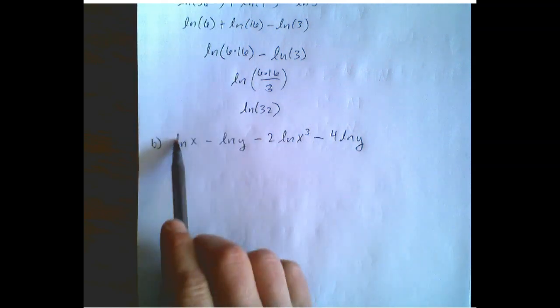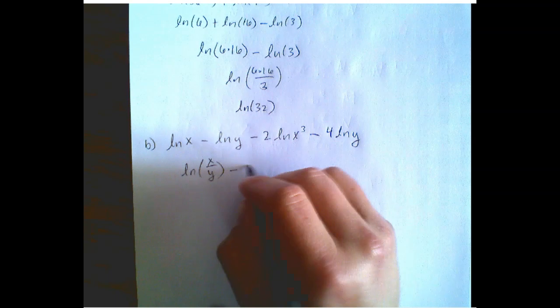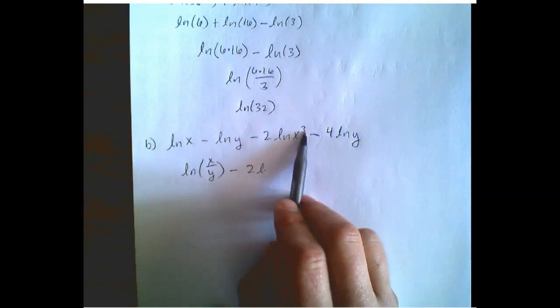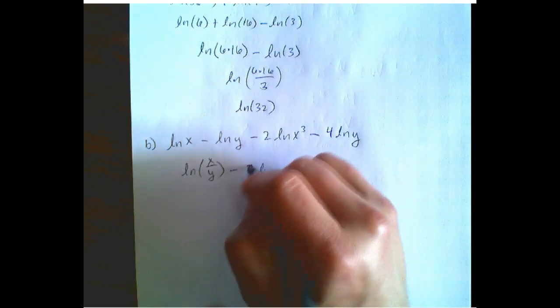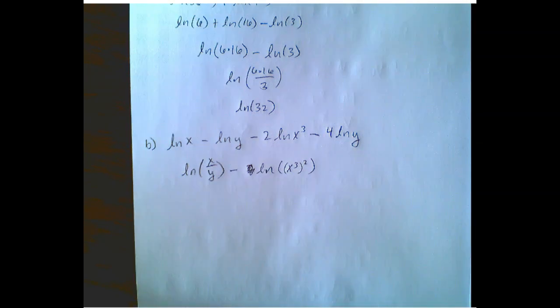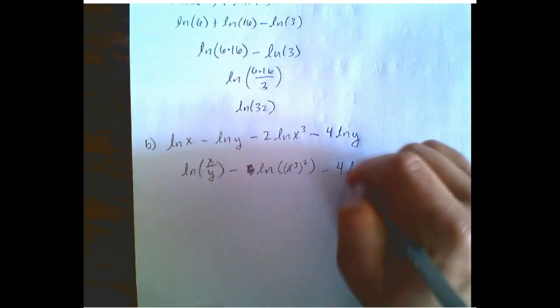Well, if we notice here, we can actually condense this guy here first, so let's do that. This is the natural log of x over y, right? The subtraction becomes a division, and these guys become one natural log. Minus 2. We can actually put this power at the top here, so this is like natural log of x cubed squared minus 4 natural log of y.